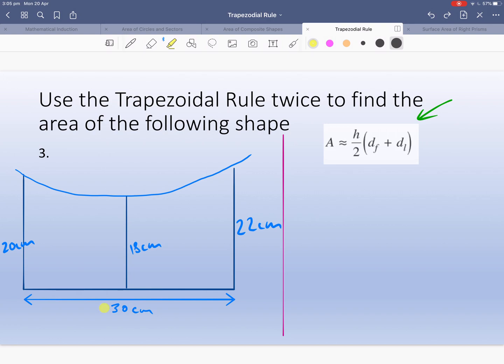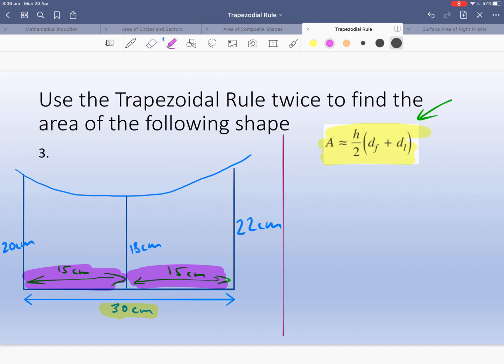Here we've been told the whole length, but we're going to split it up into two little trapezoidals. So I need to split this in half. So what's half of 30? 15. And this will be 15. One thing to note, these will always be exactly the same value. There won't be a case where they won't be the same value. So be aware of that.